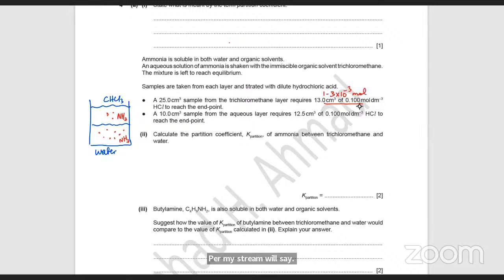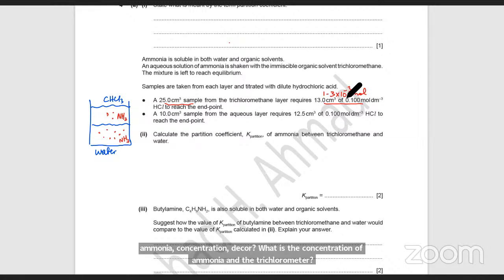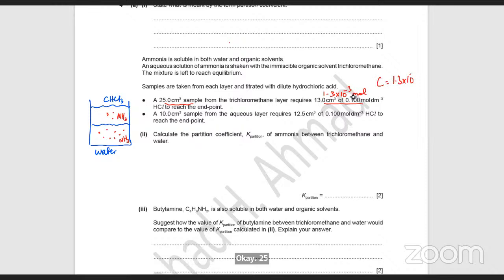So that means ammonia would be exactly the same. So find the concentration of ammonia. What is the concentration of ammonia in the trichloromethane layer? Okay, the 25 cm³ sample has this much ammonia, right? So find the concentration. It will be 1.3 times 10 power minus 3.